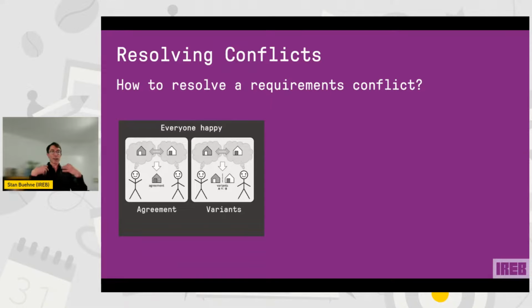So this means you can find what is the best out of the two divergent solutions, and you maybe just merge them, or you create something that's somehow in between that both parties can live with.